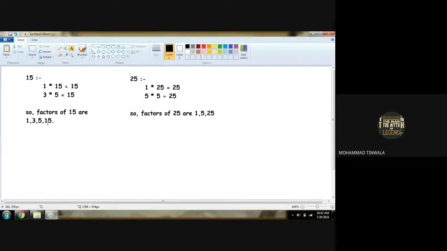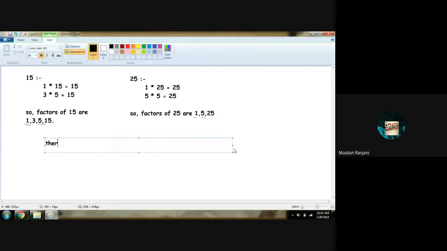Now what are the common factors here? 1 and 5. Very good. So therefore, write below with the therefore symbol: the common factors of 15 and 25 are 1 and 5.